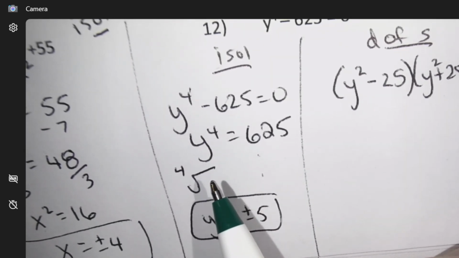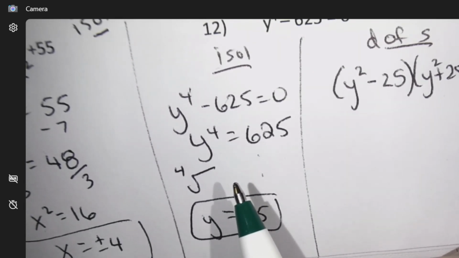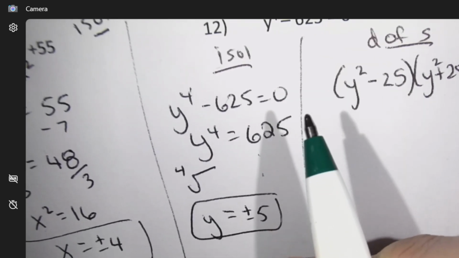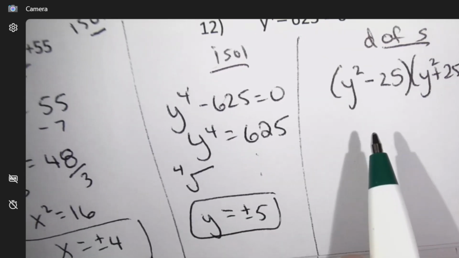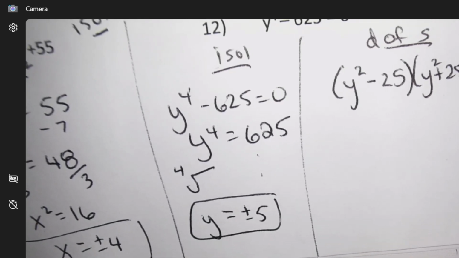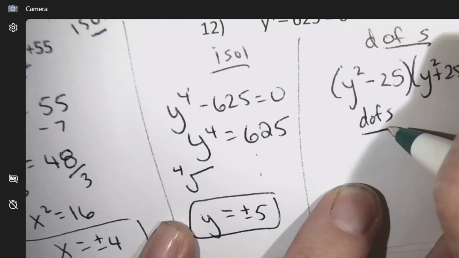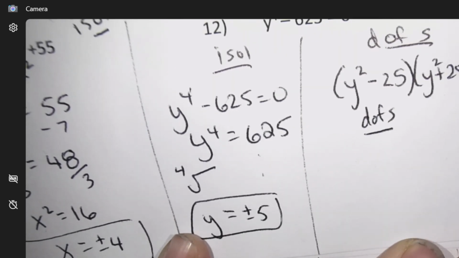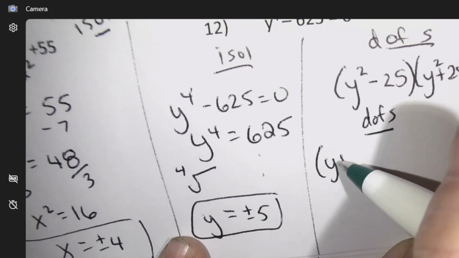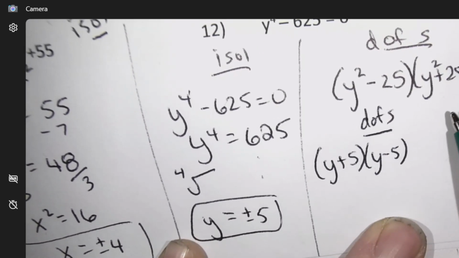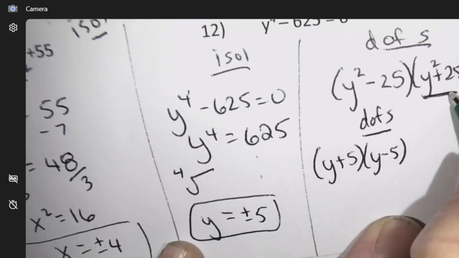Also, if you want, what could you do? You could square root and square root again, because square rooting makes a y squared, and square rooting again makes a y, right? And on this one, you should recognize that this one creates a difference of squares. But what do we remember about this one?